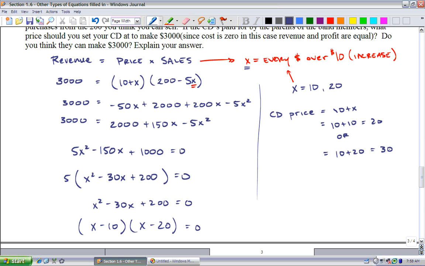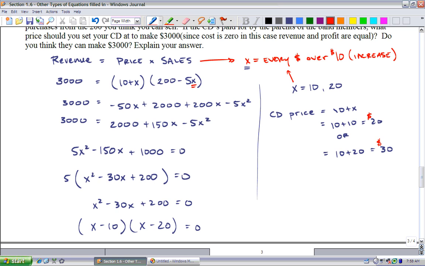So according to our survey here, we could either set the price of our CD at $20 or $30, and according to our model, should be able to make $3,000.